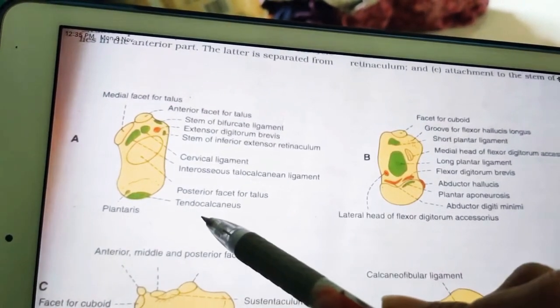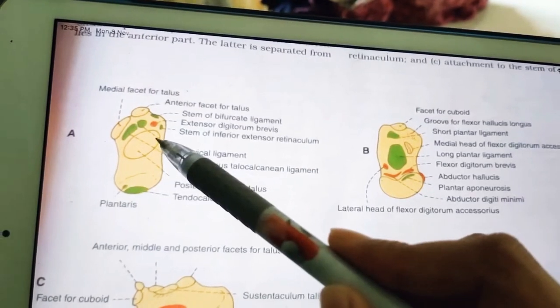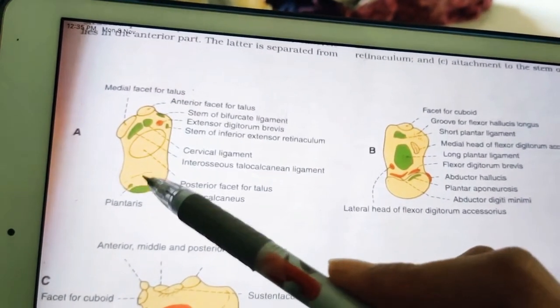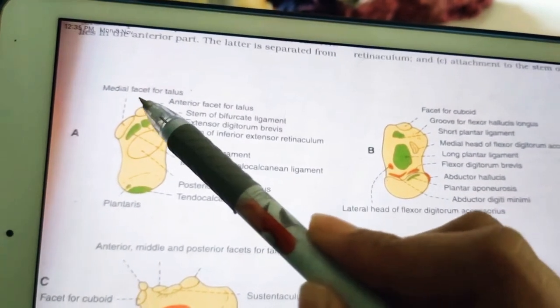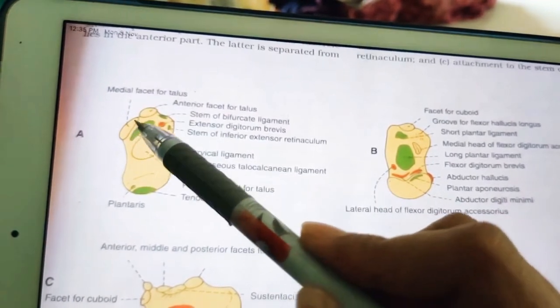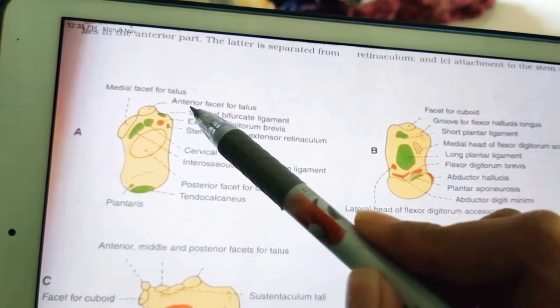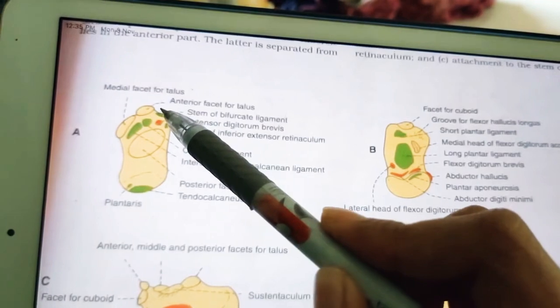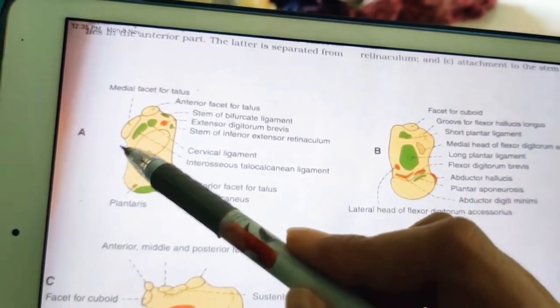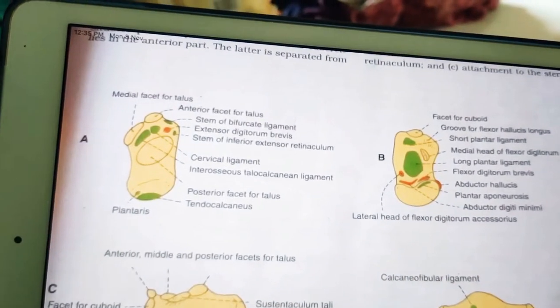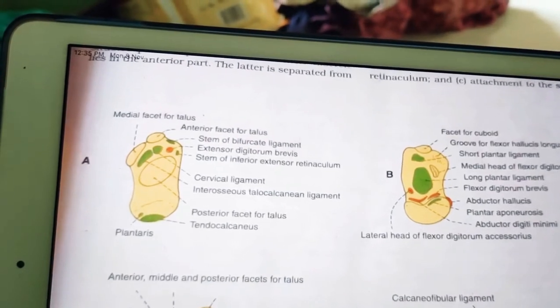If you remember, the posterior facet for talus is in the middle part of the dorsal or superior surface, whereas the anterior and medial facets are present according to the name. The anterior facet is present on the anterior side, and the medial facet is present on the medial side. That's it. So this is about our superior view.